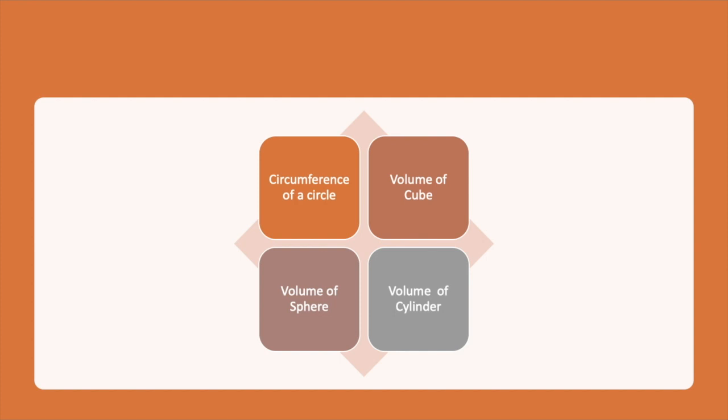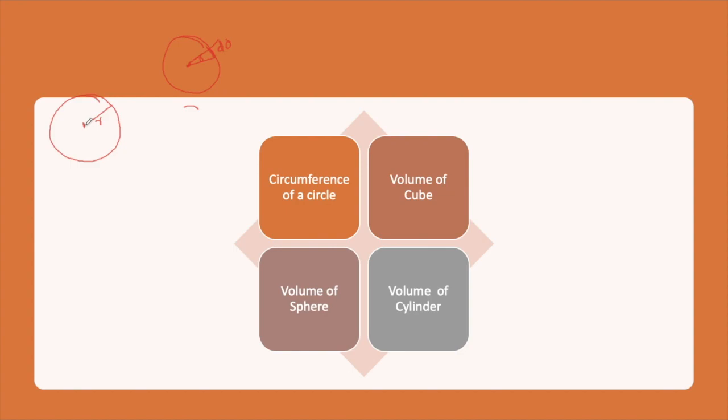Now I'll tell you some very basic applications of this. The first one: we want to find out the circumference of a circle. So there is a circle, this is the center, this is R. For calculating the circumference of the circle, we need to take the differential length first, and then integrate over the circle.